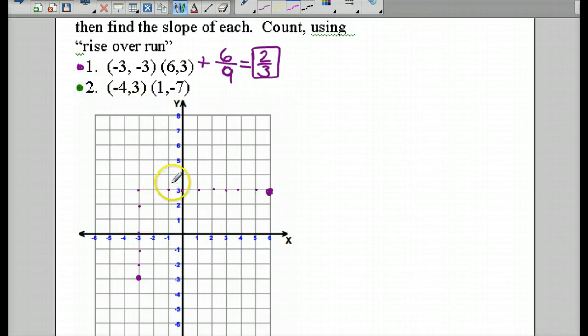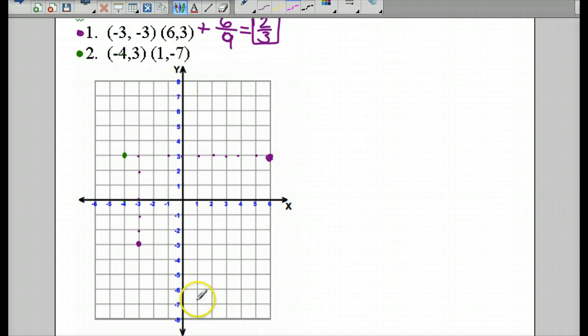So number 2, I'm going to do in green. We're going to go -4, up 3, so over -4 and then up 3. So over -4, up 1, 2, 3. And this one is 1, -7, so we go over 1 and down 7. And then we count using rise over run.